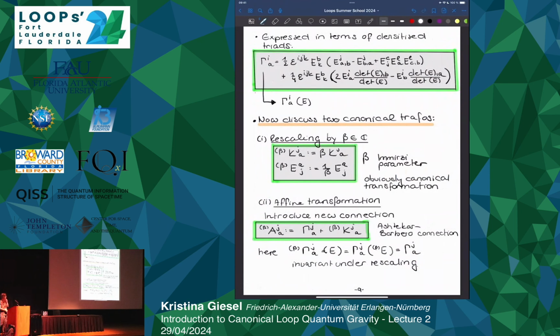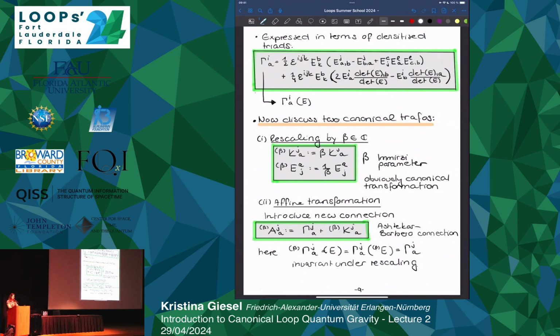You can just use the definition of the densitized triads in terms of the triads, and similarly for the cotriads. And you see you get the spin connection as a function of the densitized triads and its derivatives. You can write this down explicitly, and this is quite a complicated expression, but nevertheless given here above.